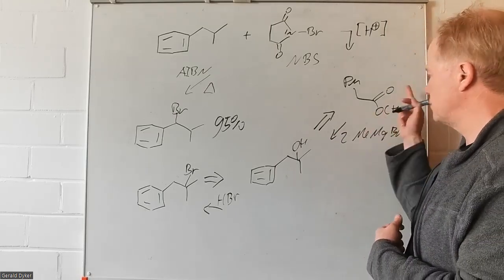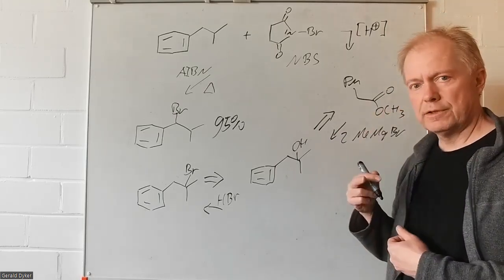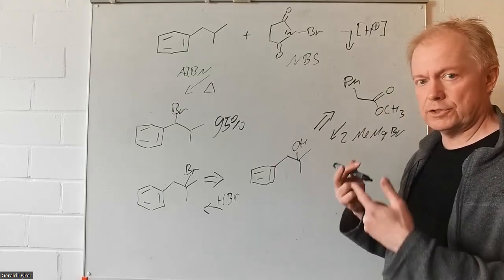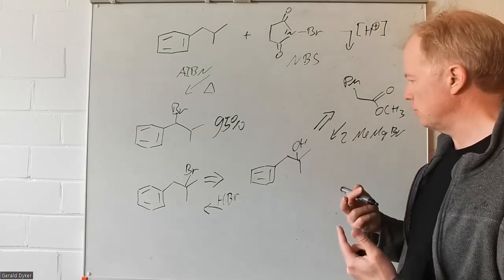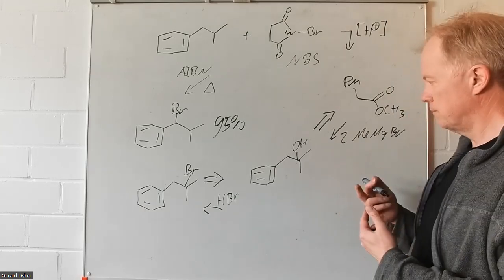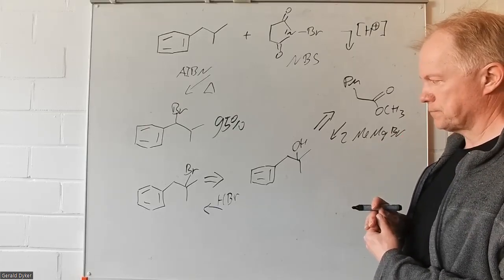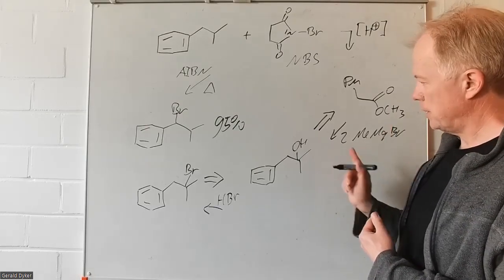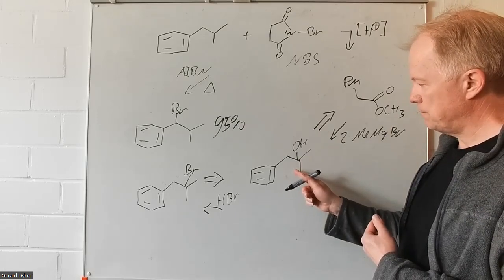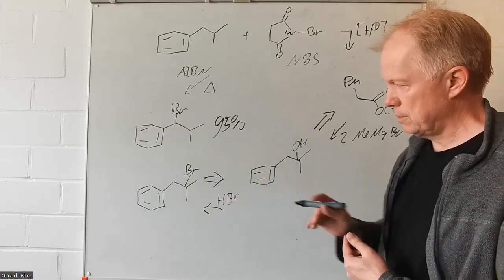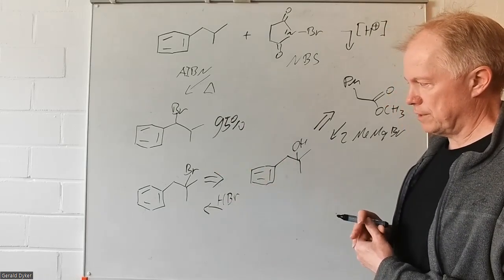First equivalent, addition, elimination, then we are at the oxidation state of the ketone, and the ketone will then react with the second equivalent. Okay, so then we have the alcohol, which we can then treat with HBr to get to the final bromide.